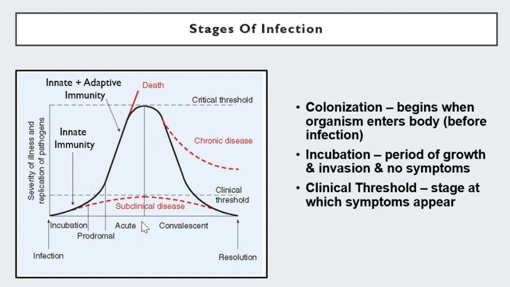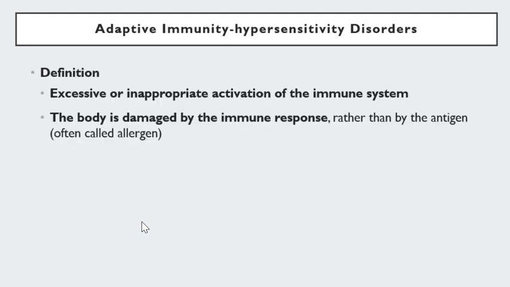Now, importantly, there's this clinical threshold, where you actually start to see disease, right? This is where the bacteria has overcome any innate responses, and it's actually causing problems like coughs or fevers or whatever it may be, right?